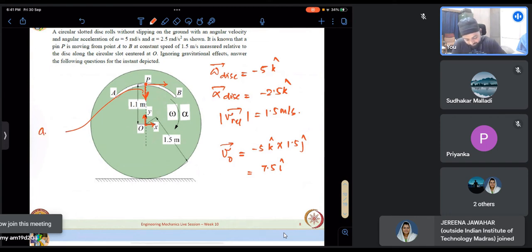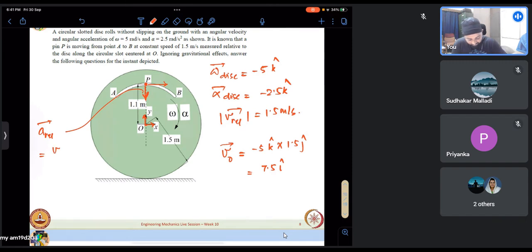So AREL is VREL squared by the magnitude of RP with respect to O, which is 1.5 squared by 1.1, pointing minus j.